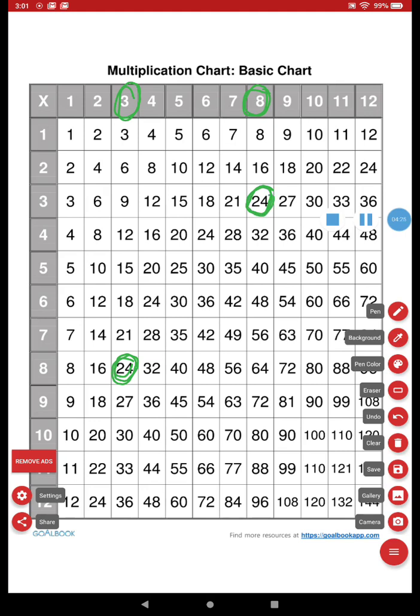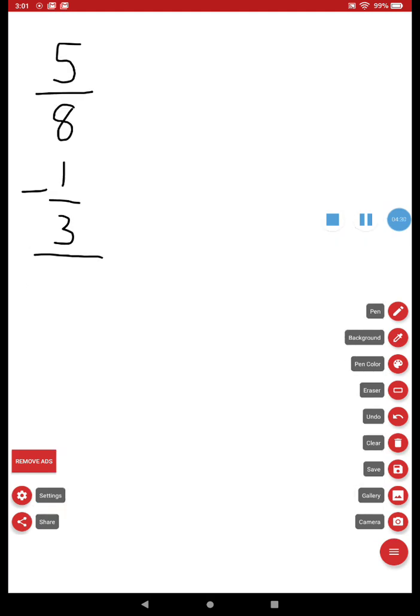So I'm going to use 24 as my new denominator. All right, so let's rewrite the problem. Subtraction bar, equal sign. Remember, I'm going to change it so they have a common denominator of 24.